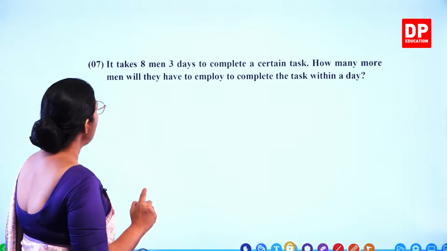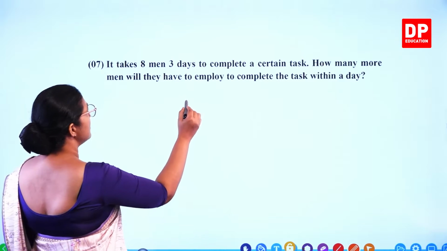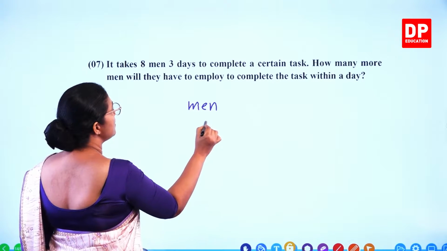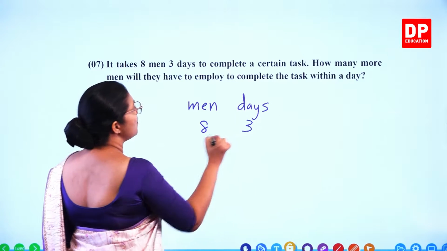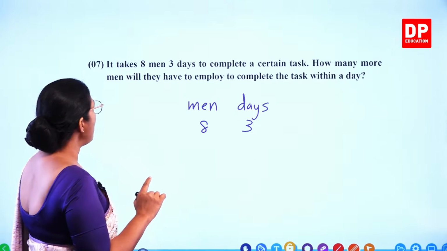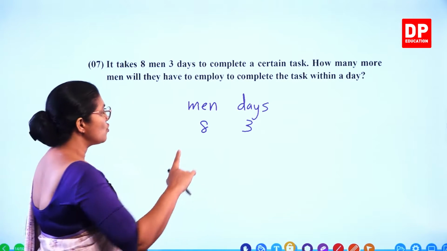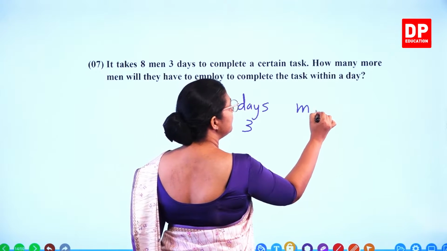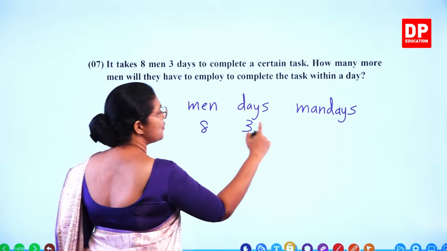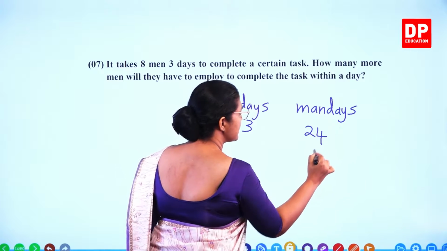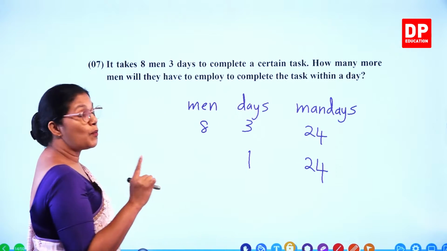Question number 7. It takes 8 men 3 days to complete a certain task. How many more men will they have to employ to complete the task within a day? So how many man days are needed to complete the task? 8 times 3, that's 24 man days. So same work and they need to complete within a day.